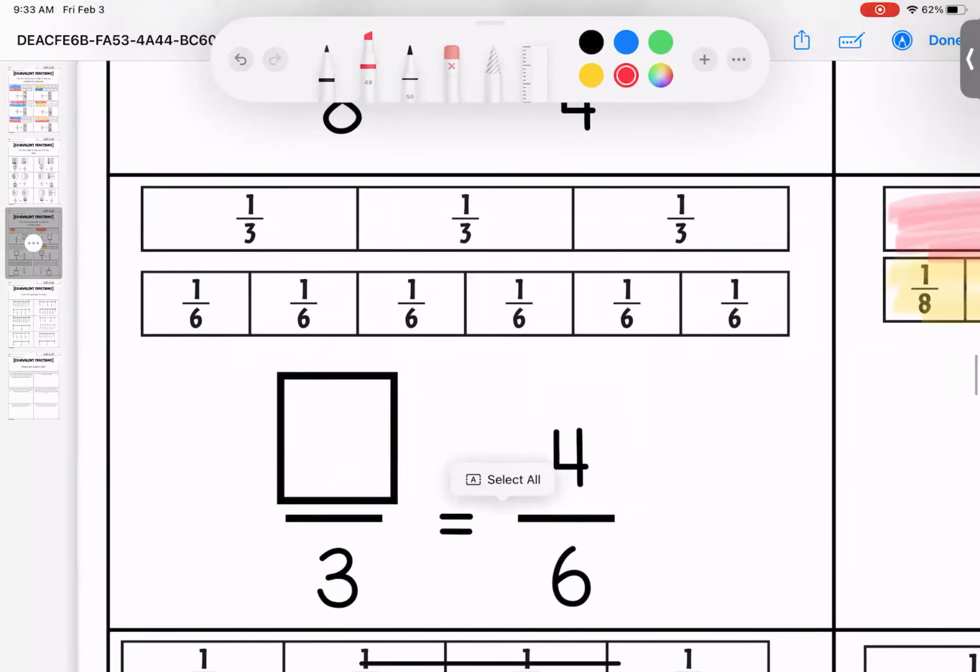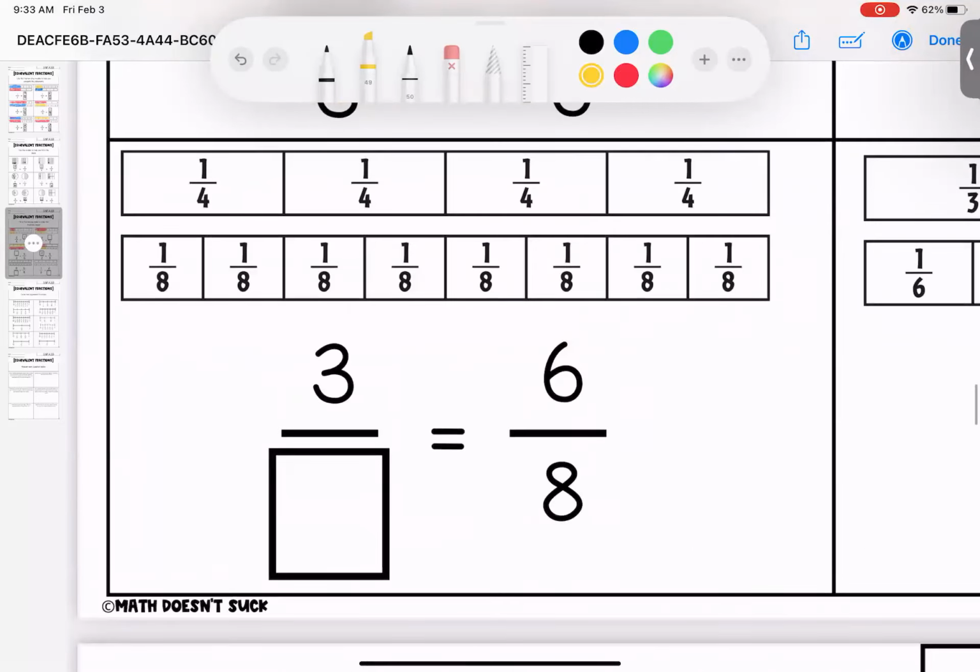I have 4/6, that is equal to 2/3. I have 6/8. Make sure you get them all in there. That's a lot of that fraction bar. And that is equal to 3/4.